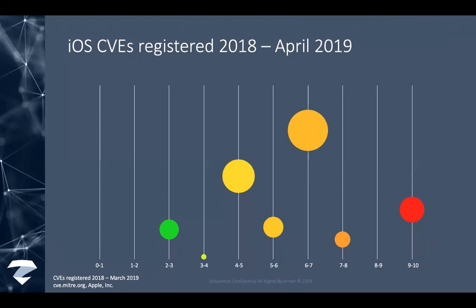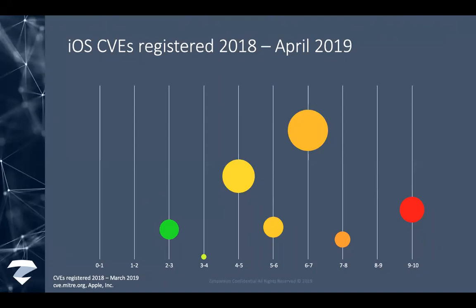With iOS, I took a look at the CVEs registered in the last 18 months, from 2018 to April 2019. You can see that a large majority of these are pretty severe. They have CVE scores of 6+, so more than half of them do.